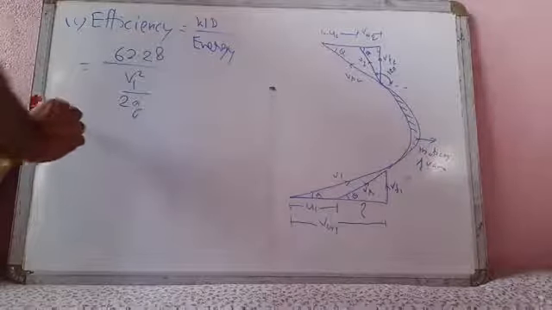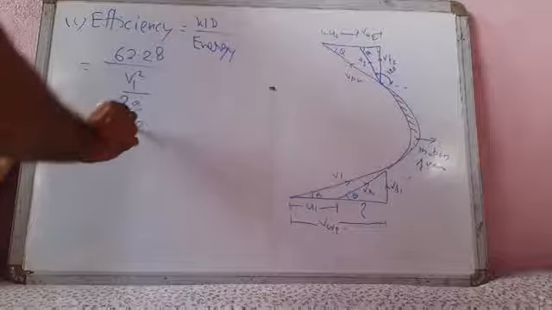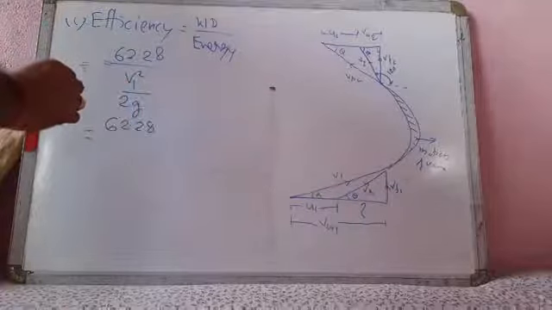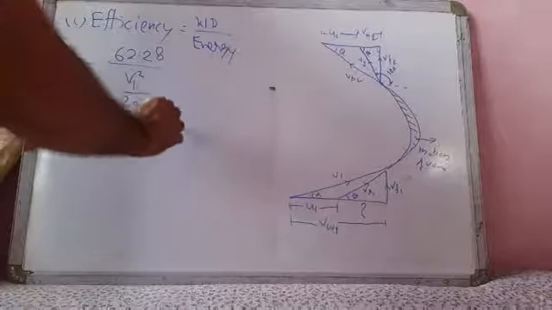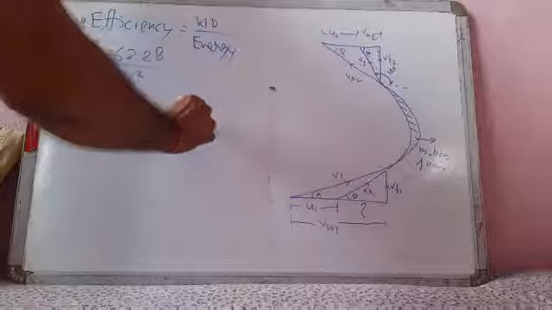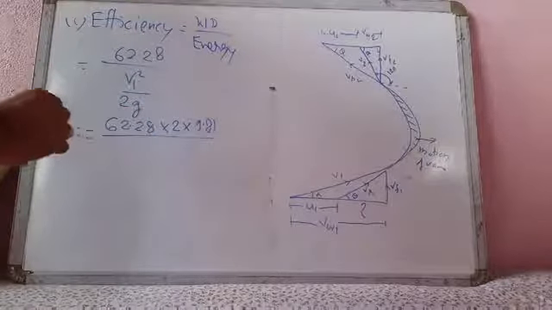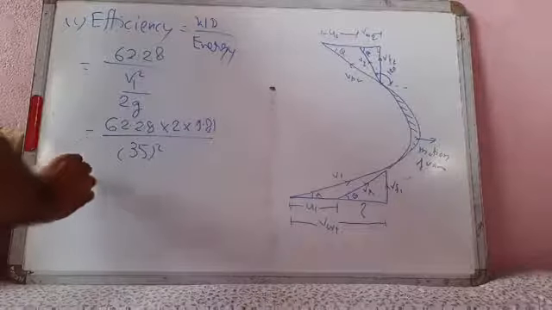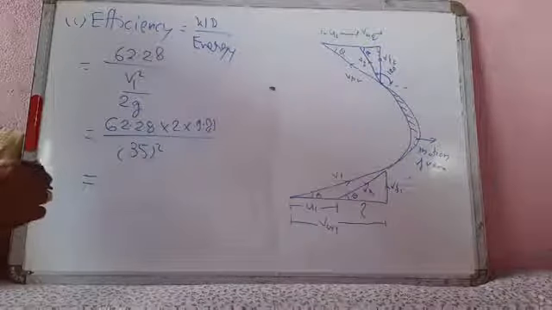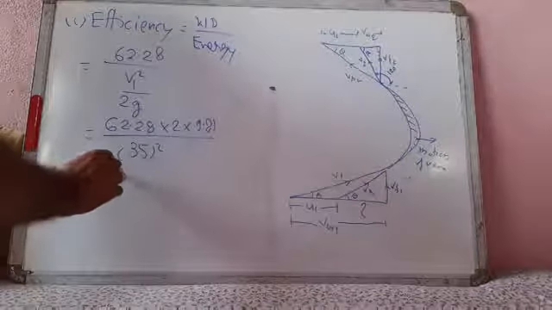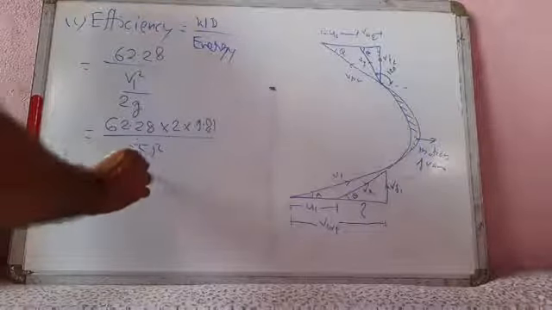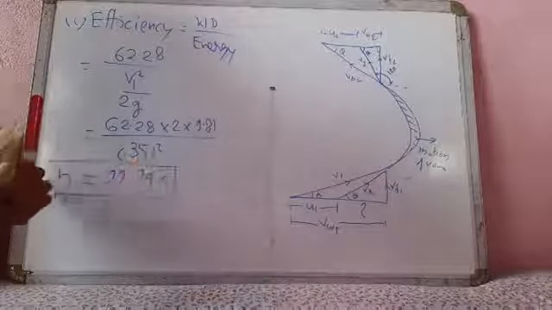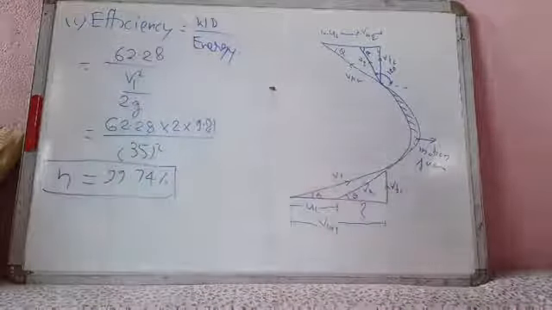Putting the values here, 62.28 into 2 into 9.81 divided by 35 square. So this value of efficiency comes 99.74 percent, the efficiency for this question.